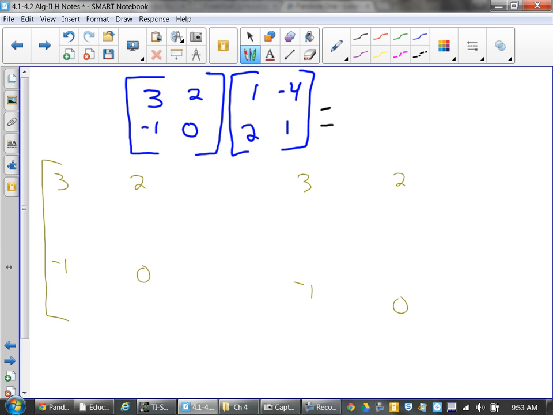You always start in the upper left corner of the matrix that you have, and you start writing these numbers down. 1, go below it. 2, go to the next one. -4, and 1. All I'm doing is starting at the top. I go 1, 2, -4, 1. I'm just putting them in order like that, top down.